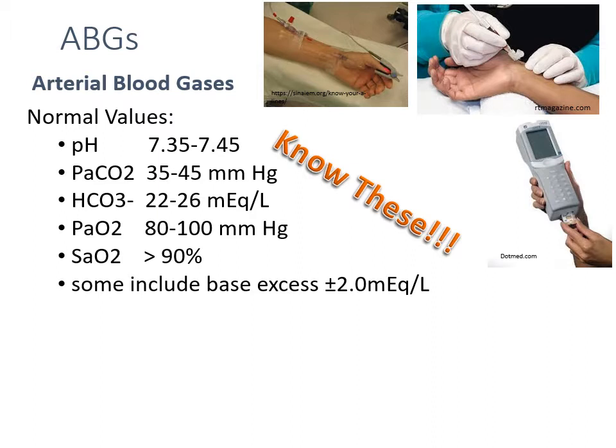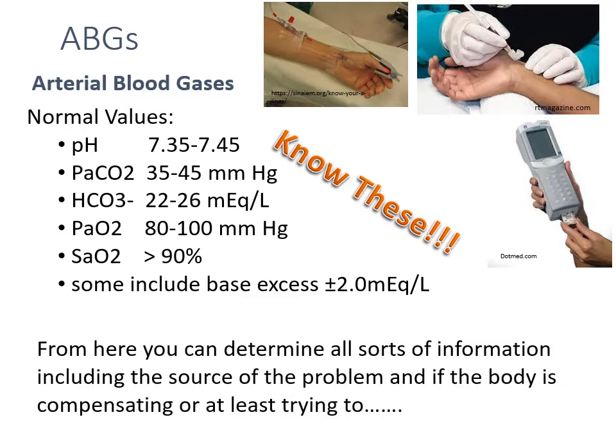Okay, so what are normal values of an arterial blood gas? Well, your pH between 7.35 and 7.45. Your pCO2 is between 35 and 45. Your bicarbonate levels between 22 and 26.